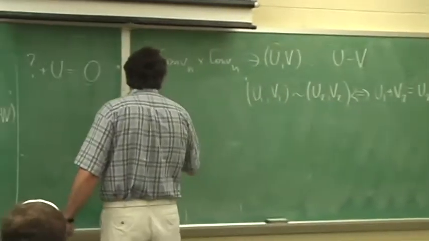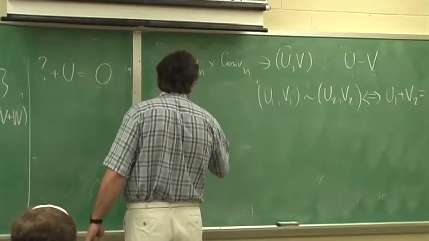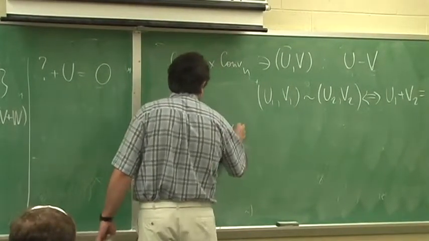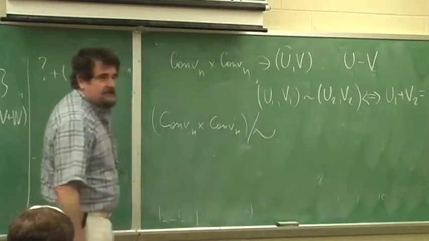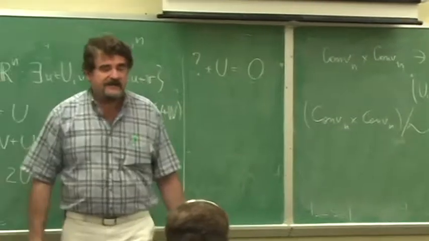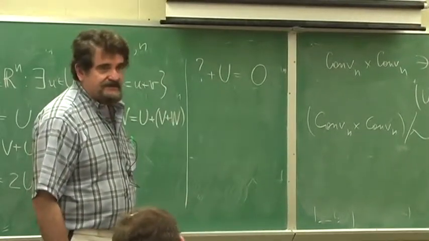Now consider convex pairs with this equivalence relation. So consider the classes of equivalence with respect to this relation.